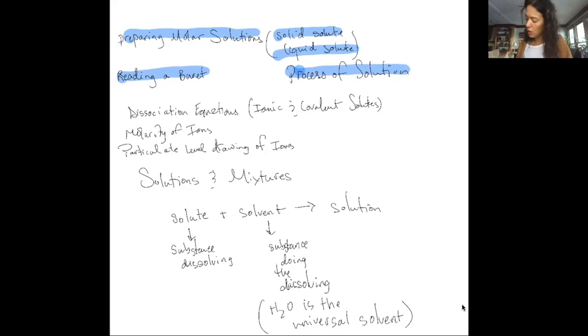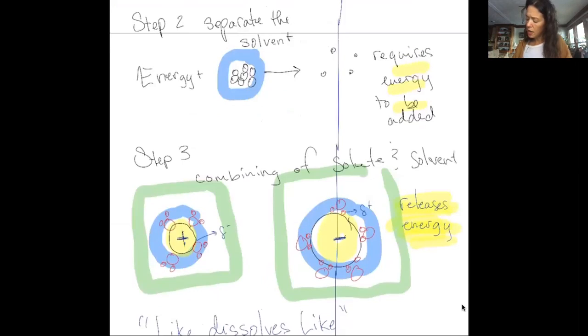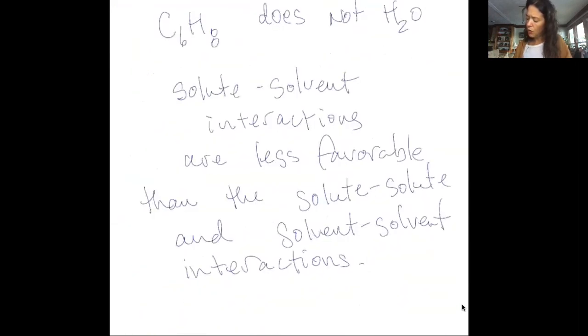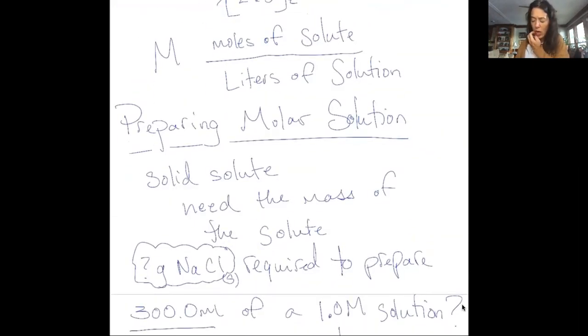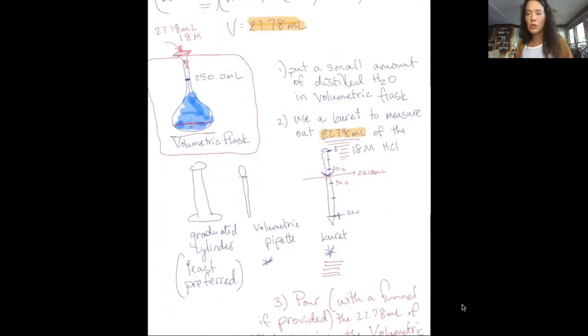Solute and solvent make the solution. Water is the universal solvent. There's our 3 steps. And we talked about the vocabulary and how to describe the process of making the solution in the volumetric flask, the fact that we use the most precise glassware possible, and that we fill it up to the mark. We don't add a particular amount of water.